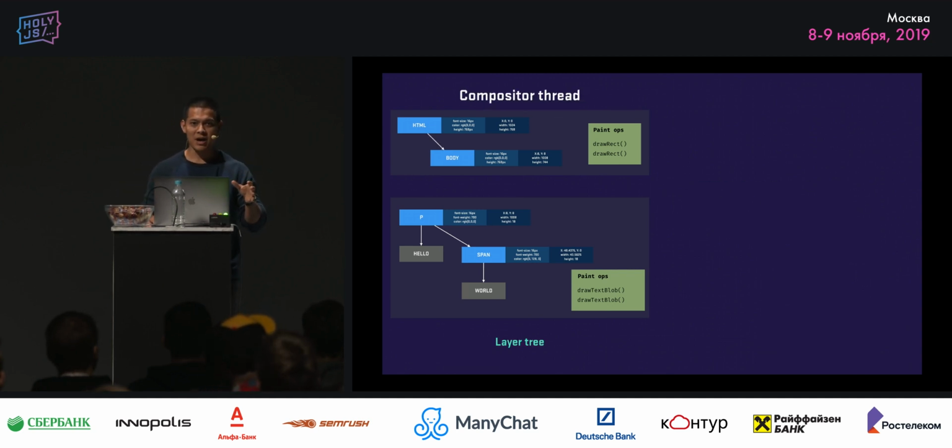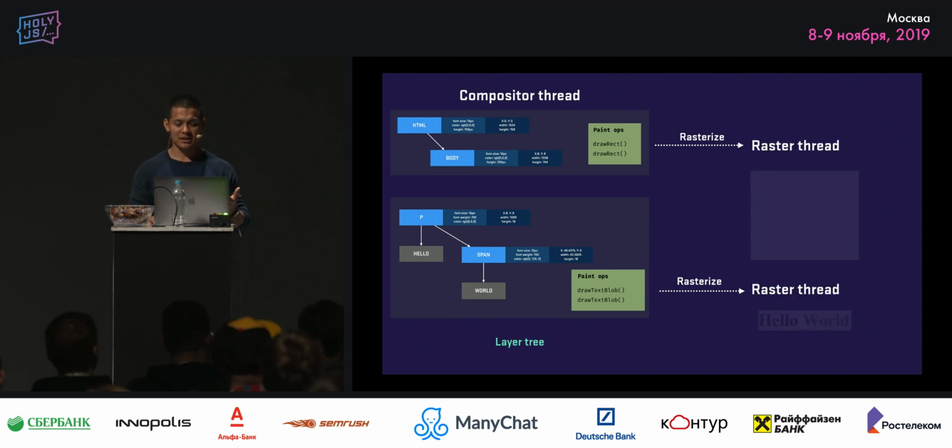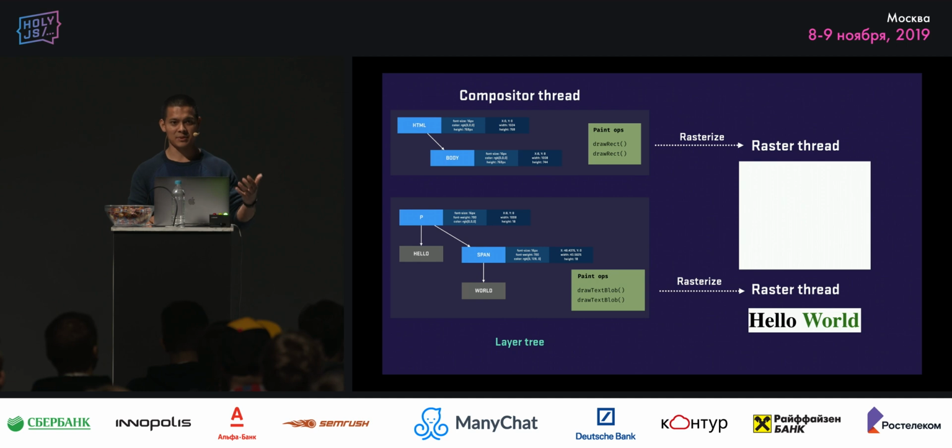From this point on, the Compositor Thread is capable of rendering a frame of the page without consulting the main thread, right? And the Compositor Thread is also the one that's going to execute these paint operations to create bitmaps. And it can do this in parallel. So if you have multiple layers, it can rasterize content by creating multiple raster threads, and it's going to raster those images using multiple threads.